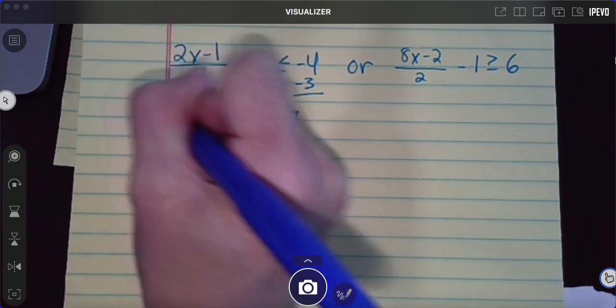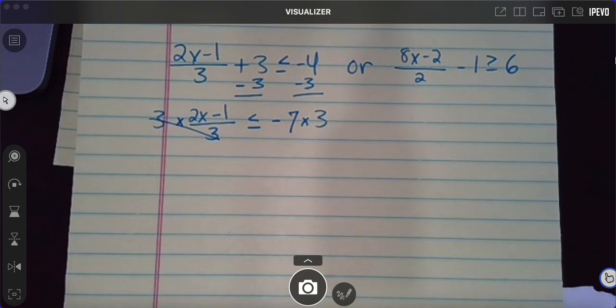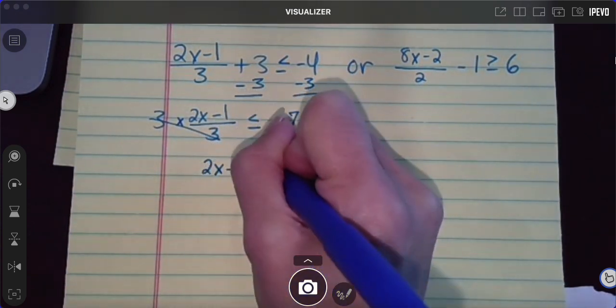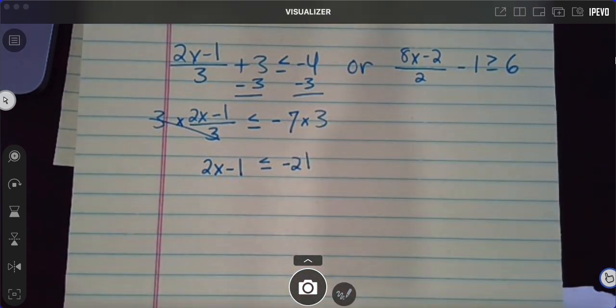Multiply by 3 to both sides. Okay? So now it's looking a little bit better. 2x minus 1 less than or equal to negative 21. My sign stayed the same. I multiplied by a positive number. Okay? Now how do I solve it? I got 2 more steps. Add 1.